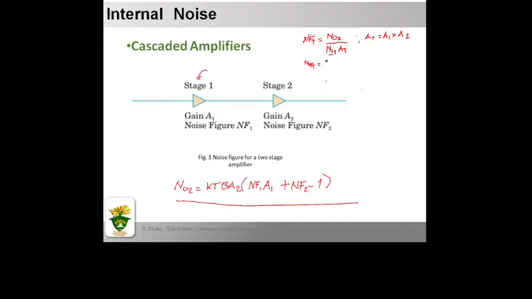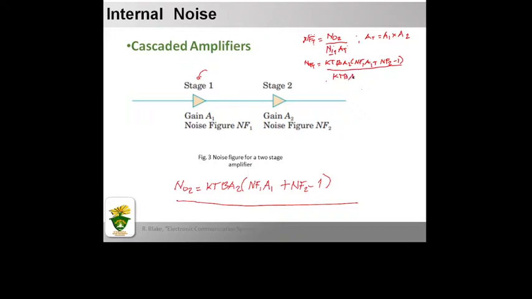So we have K, T, B, A2 times NF1 A1 plus NF2 minus 1 over noise figure of the first stage K, T, B times the total gain.